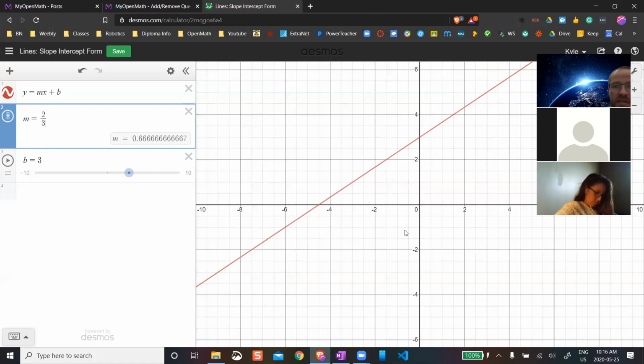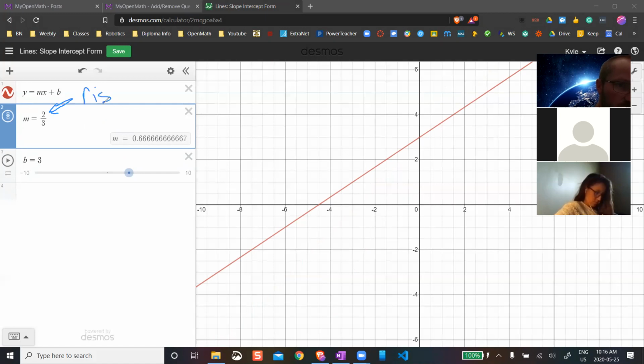So what does that do? I can take anywhere on this graph now, right? The top part was 2. That's my rise. And the bottom part is 3. And that's my run.